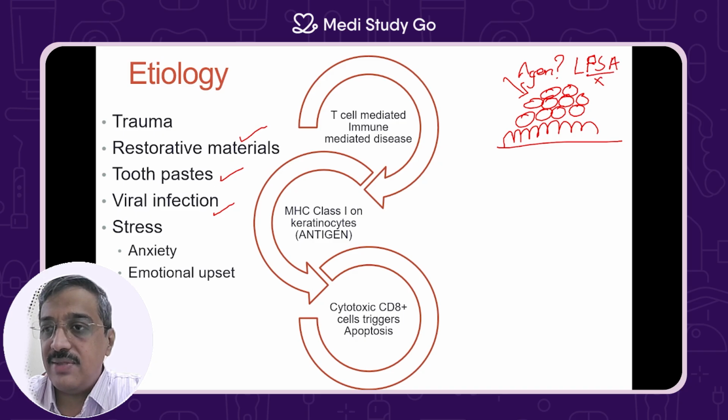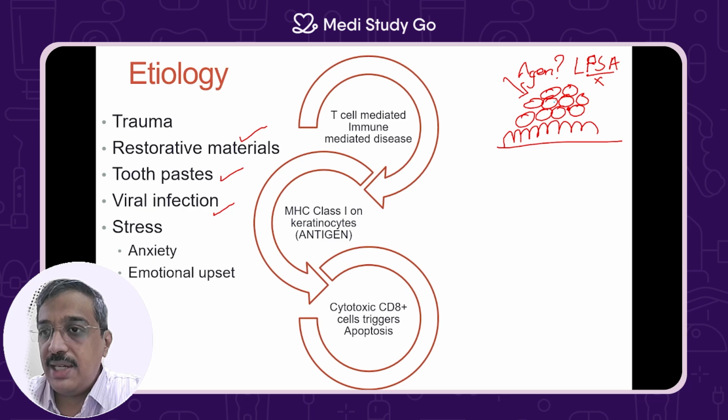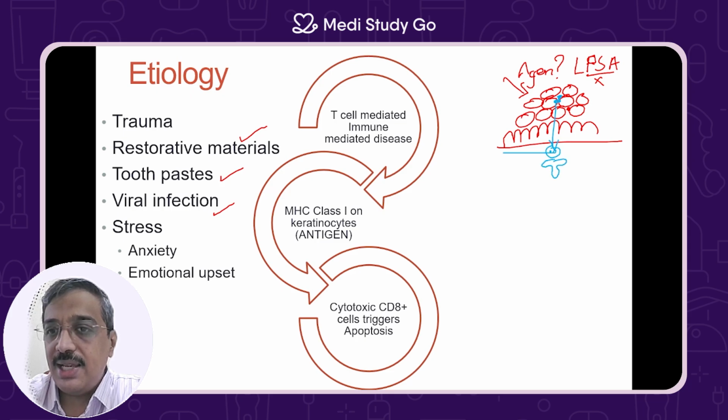So what happens is when this antigen is present inside the epithelium, the antigen will elicit a response, and the response will usually be a T cell. And this T cell usually is attracted because of this particular antigen present on the keratinocytes.